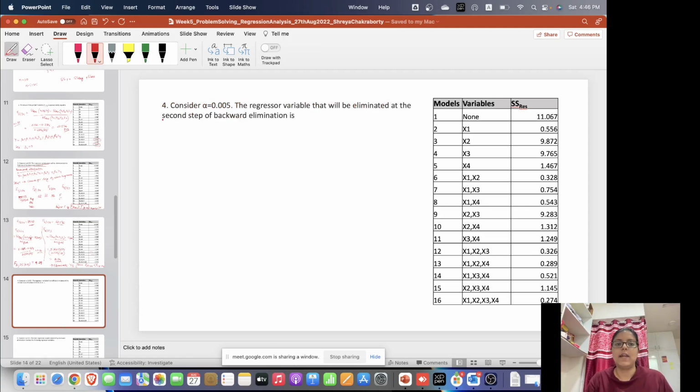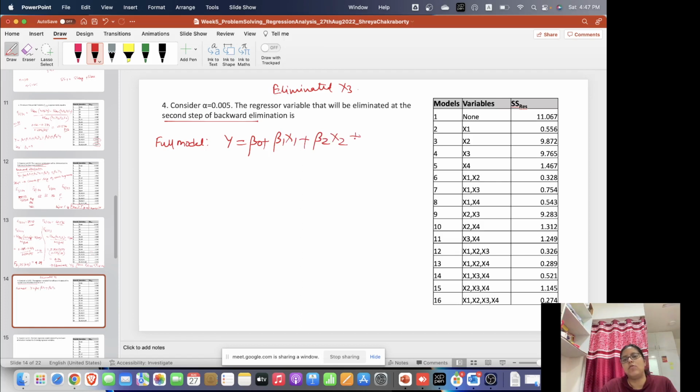So in the first step we are excluding x3. Now they are asking which one would be eliminated in the second step of this backward elimination process. So now we have eliminated x3. Post elimination, my full model will become y equal to beta naught plus beta 1 x1 plus beta 2 x2 plus beta 4 x4, because in the previous step we have eliminated beta 3, and there would be 3 restricted models.